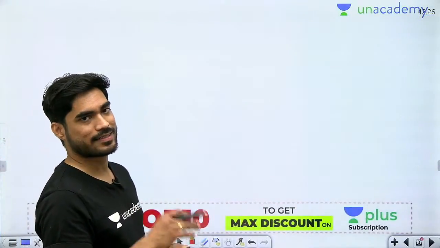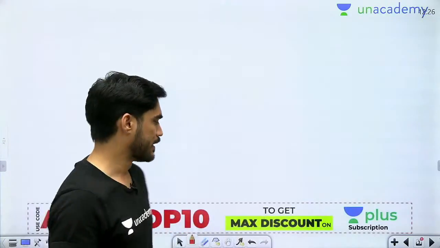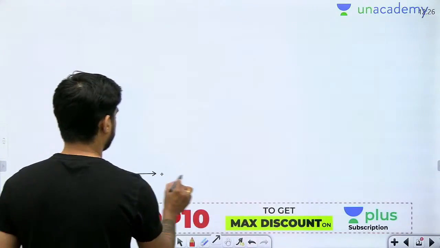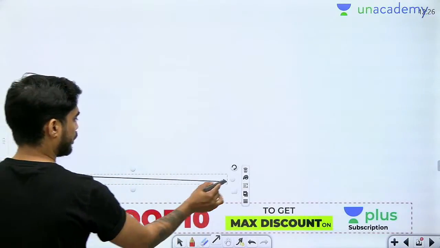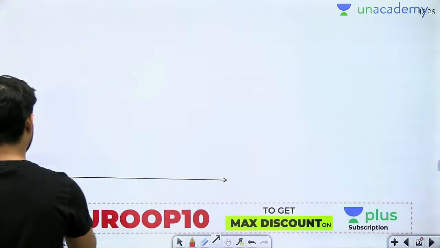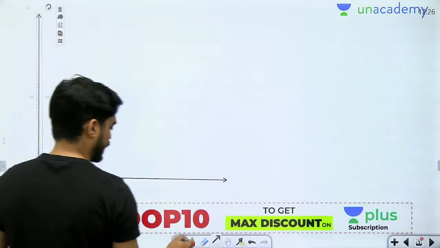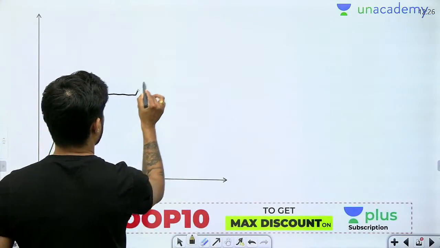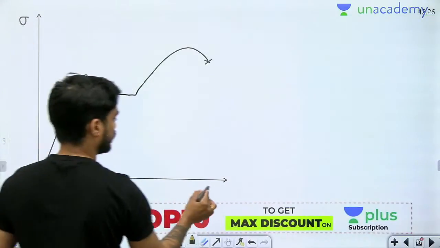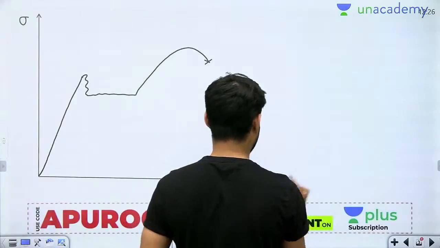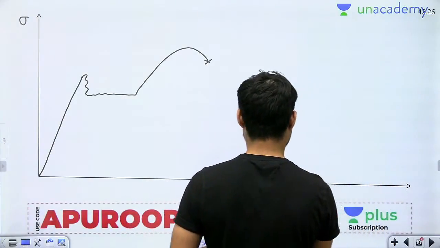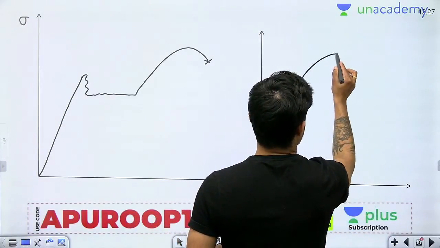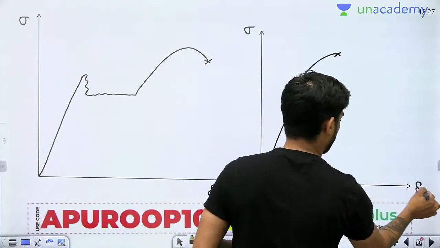Now let's move on to the stress strain diagrams of ideal materials. So we have seen the stress strain diagrams of ductile and brittle material. आपने डक्टाइल और ब्रिटल मटेरियल के स्ट्रेस स्ट्रेन डायग्राम तो देखे होंगे. For example, this is the stress strain diagram of a ductile material, right? Similarly, this is the stress strain diagram of a brittle material. ठीक है.